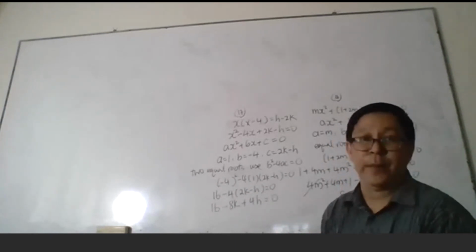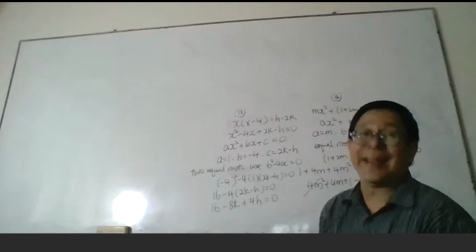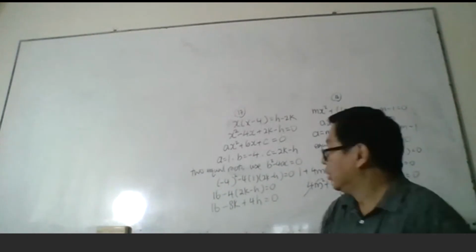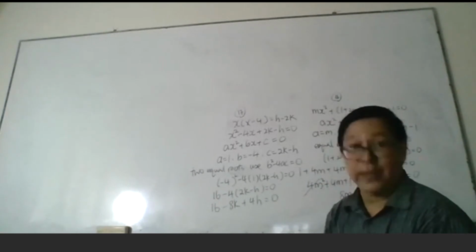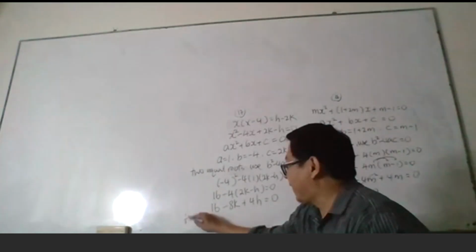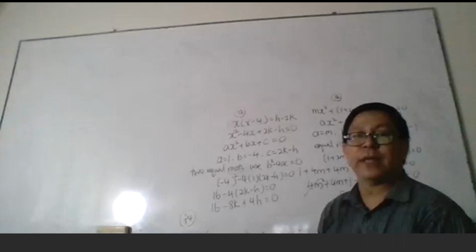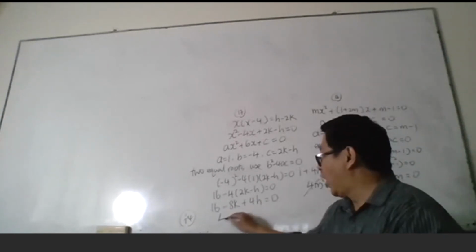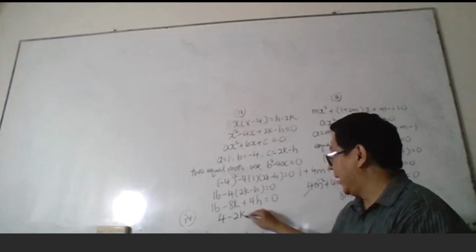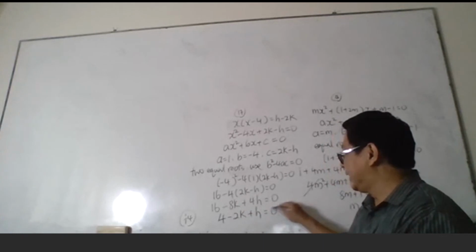Ladies and gentlemen, I always encourage you all to simplify before we continue. So you can simplify and divide each and every term by 4. So you get 4 minus 2k plus h equal to 0.